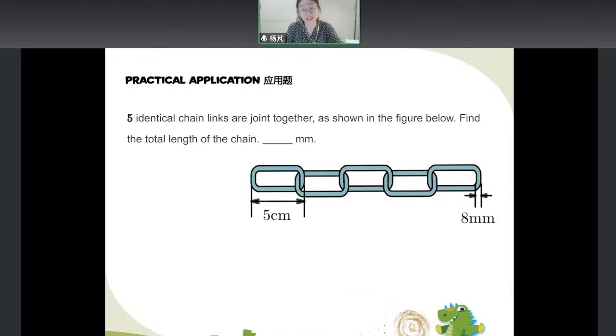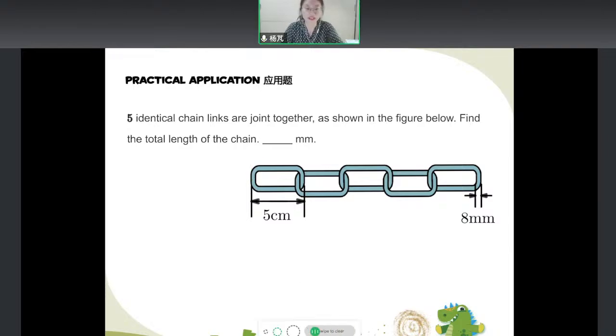Do you have some idea? Try it first. Find the total length.